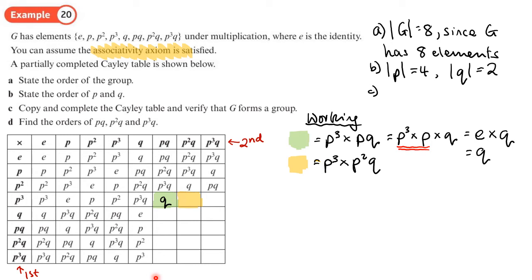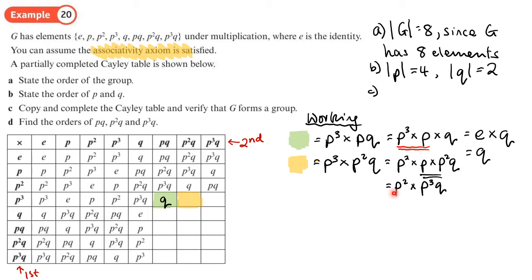So the first thing that we notice is that this P cubed that we have here, P cubed is P squared times P, so we'll rewrite P cubed as P squared times P times P squared Q. Now we can work out this bit here, P times P squared, again using the table. P times P squared is P cubed, so what I have is P squared times P cubed Q.